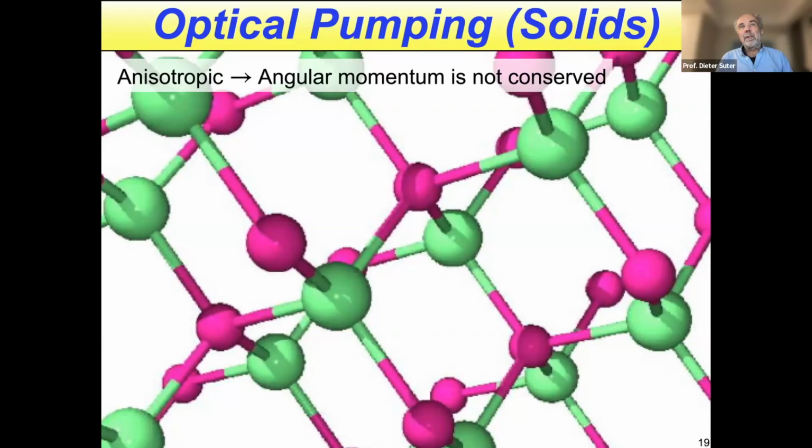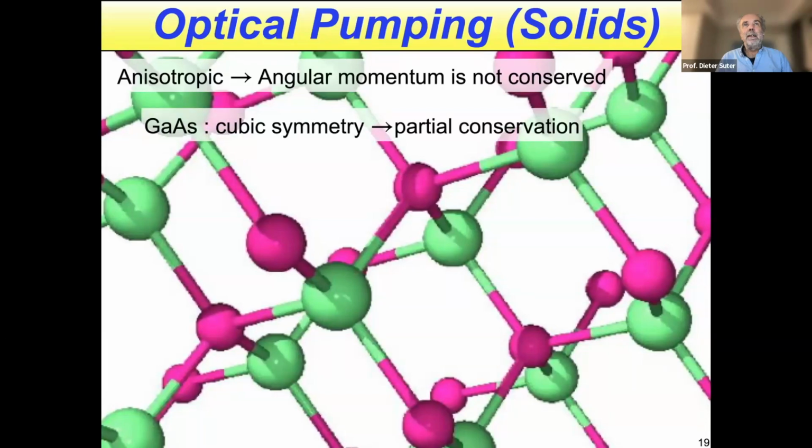However, depending on the symmetry, there can be some remnants of angular momentum conservation. In the case of gallium arsenide, the system has cubic symmetry, which is still relatively high symmetry. So we get some partial conservation of angular momentum. So we can still use the argument of angular momentum conservation to some degree as long as we're careful.